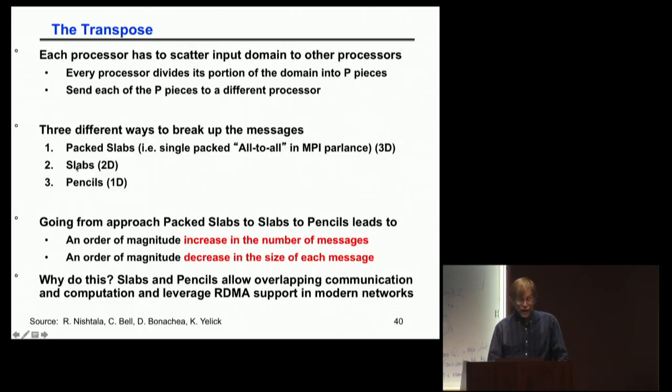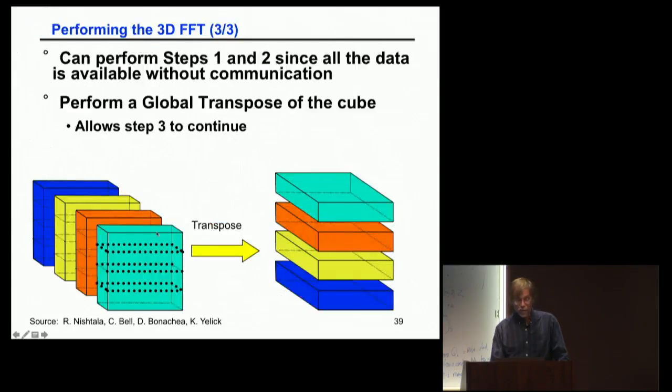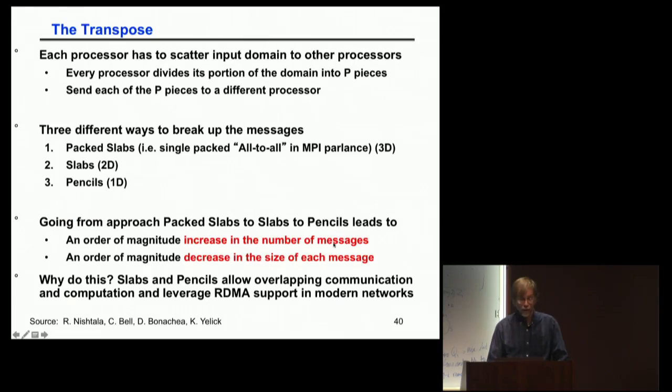The other way I could imagine doing it is breaking it up into just two-dimensional slabs. So I could just take this face there, that face, and send it to the orange one, and do some more computation. Take the next face, send it to the orange one. So I could imagine doing it that way. That's slabs, or 2 dimensions.